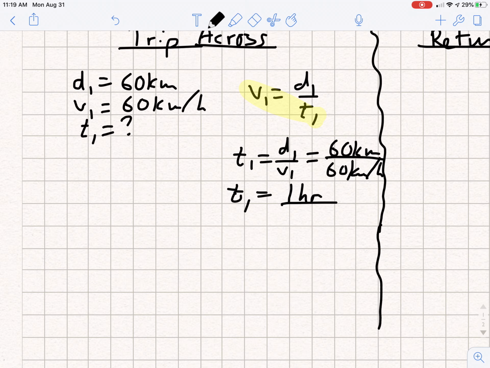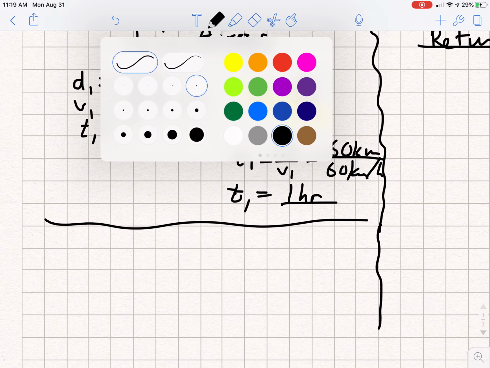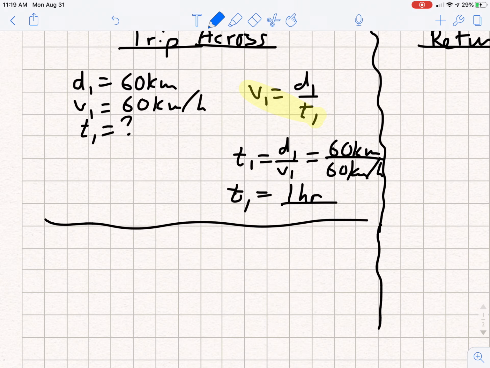Okay, now similarly, the distance across for boat B is also 60 kilometers, but boat B is moving at half the speed. We need to find the time it takes for boat B to get across.